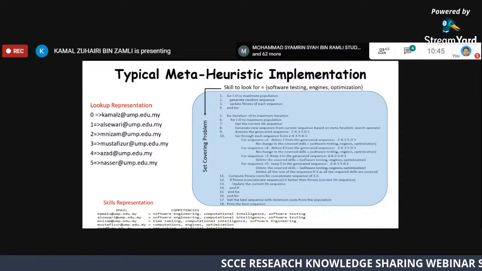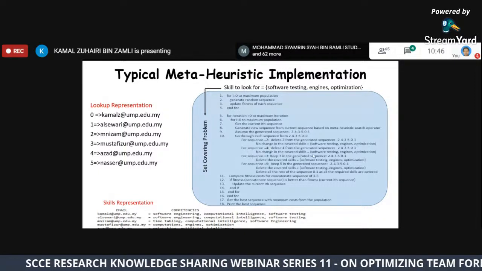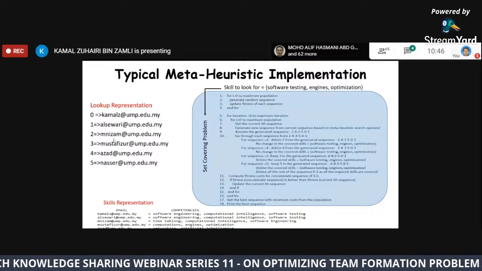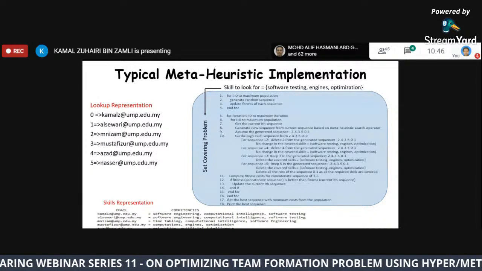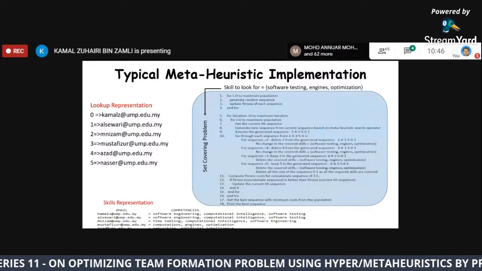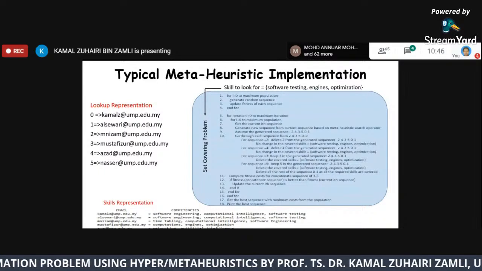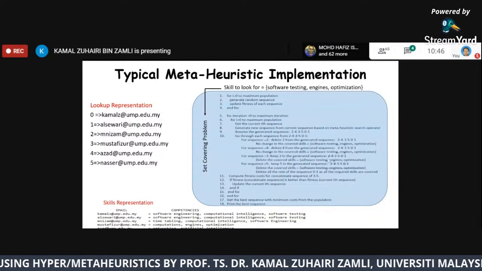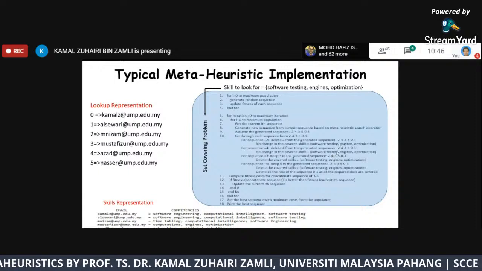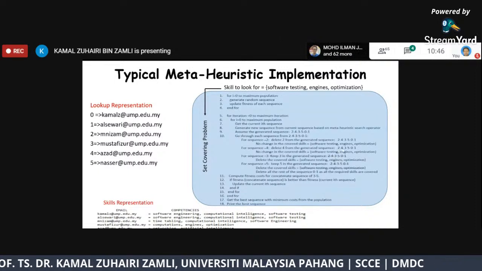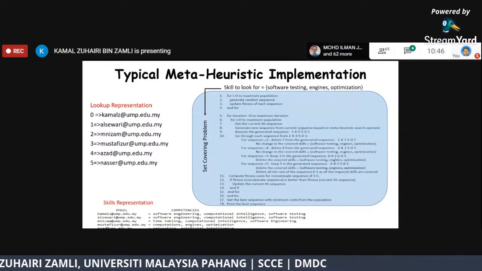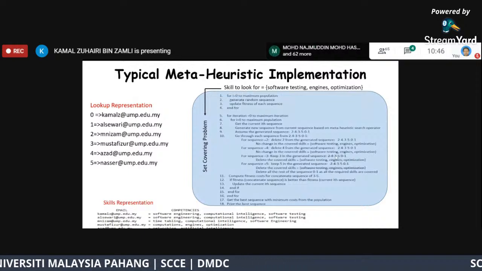Now for sequence 3, Mustafizo, who has computation, engine, and optimization. So previously I deleted 2 and 4 because they don't cover anything, but now I keep 3 because Mustafizo has the skills that I need.